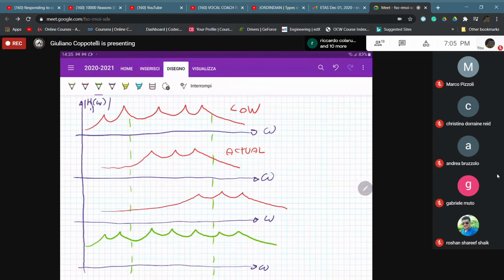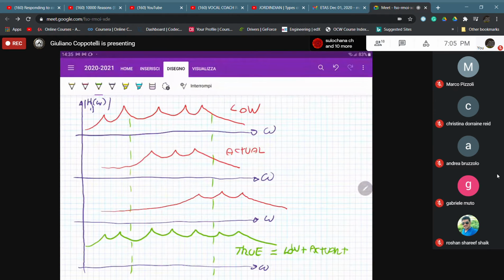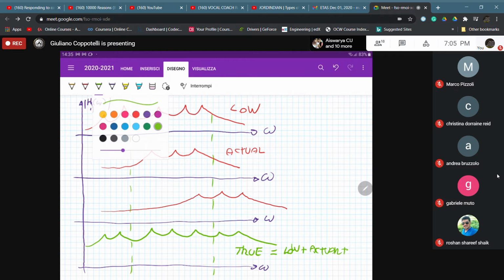Okay, that is the truth. That is given by the low plus the actual without any residual compensation plus the high frequency term that I just completely forgot to write. I'm going to write it now.